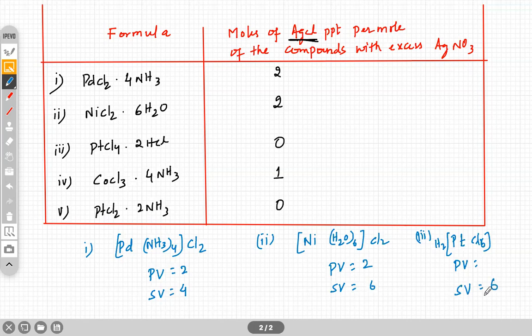The secondary valency we are getting is 6. What is the primary valency here? +4.